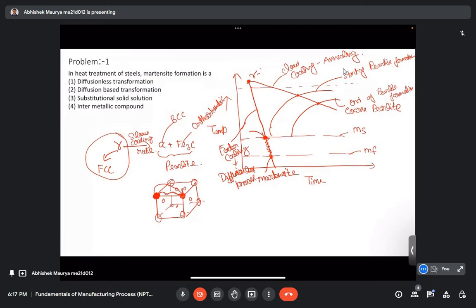That will be a process which happens by diffusion. But if this atom does not travel a complete atomic distance, and jumps somewhere in between, then that is the diffusionless process. And if it jumps one full atomic distance, that is called a process with diffusion.